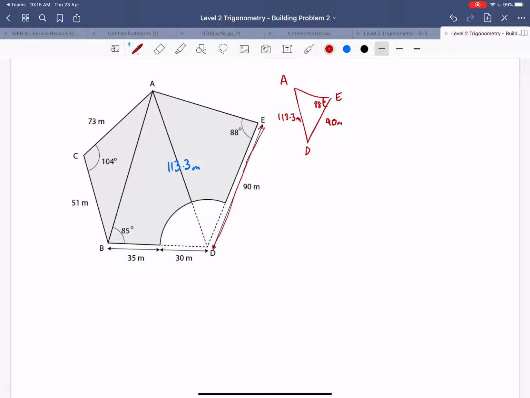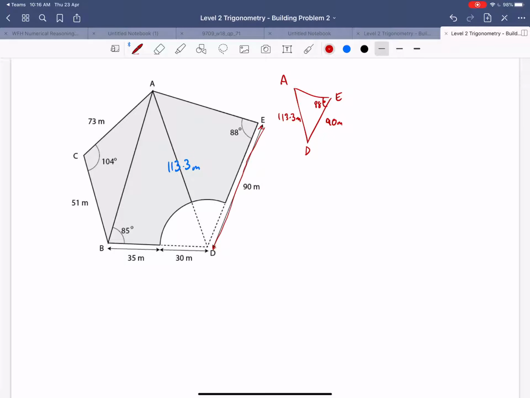triangle. To find the area, we need two sides and the angle between them. Okay, at the moment we've got two sides, but we don't have the angle between, or we've got one side and one angle, and need another side to find its area. I would recommend finding AE rather than trying to find the angle ADE, as AE will actually help us in our final problem, which is the perimeter of this shape.